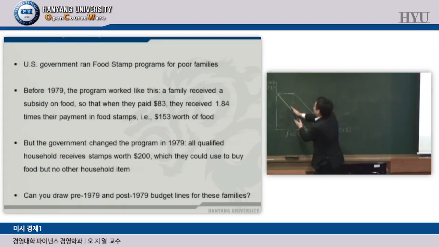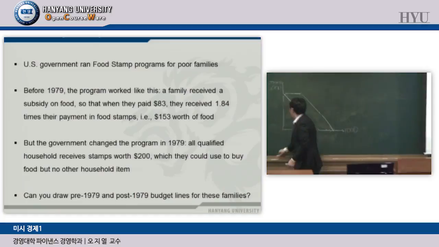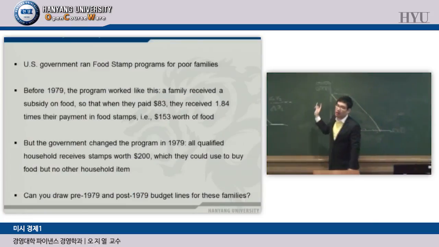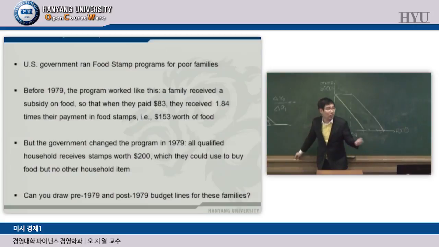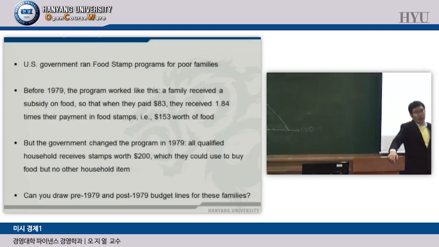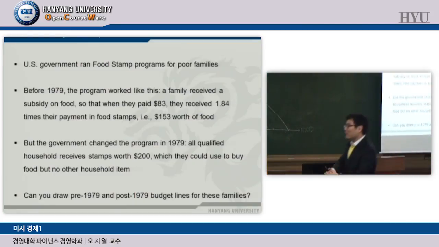So it's like an outward shift of the budget constraint, but excluding this area. This area only becomes available for the consumer if you can trade the voucher with someone else and buy another good. Now, the reason why I'm bringing this up is that budget constraint is a very easy concept, but if you make it complicated with subsidies, taxes, rationing, vouchers, etc., I can create a monster of a question, okay?